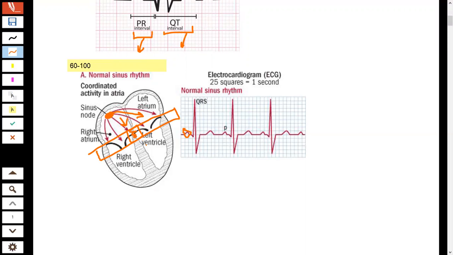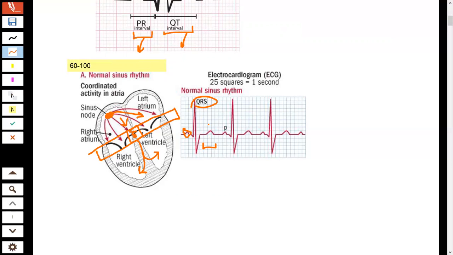Then the current is conducted to the ventricles through the Purkinje system, and we get the QRS complex here. After that, we get the repolarization, and repolarization shows the T wave here.